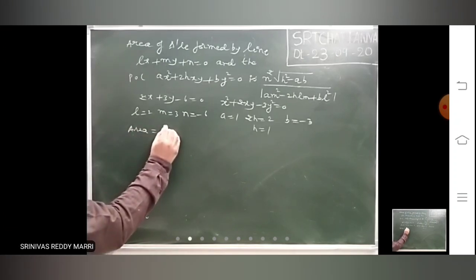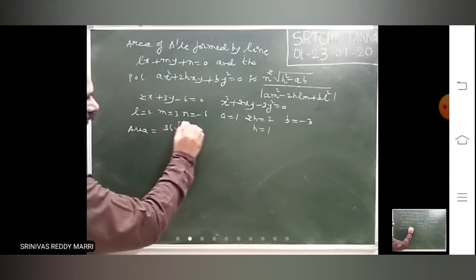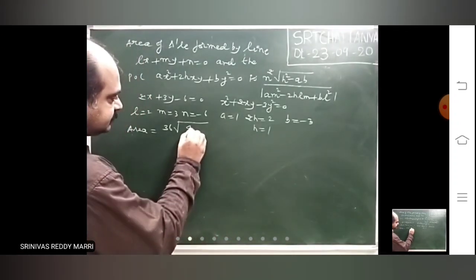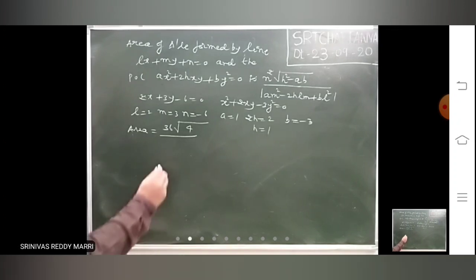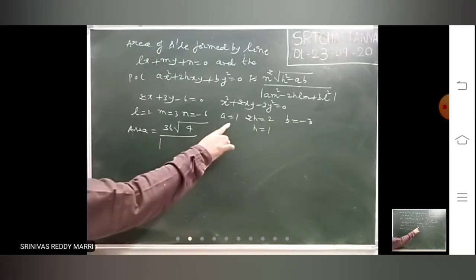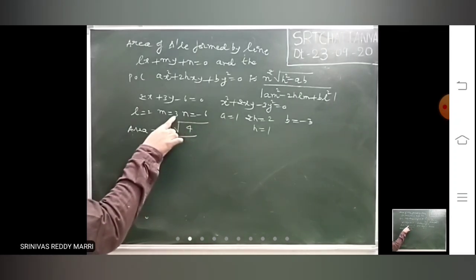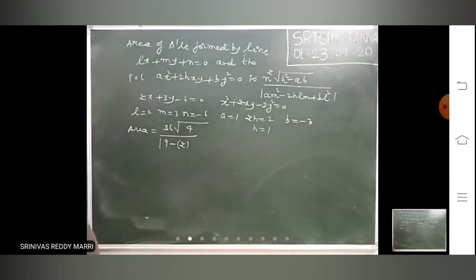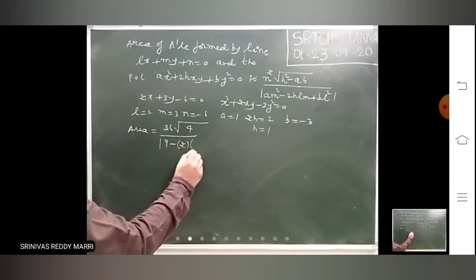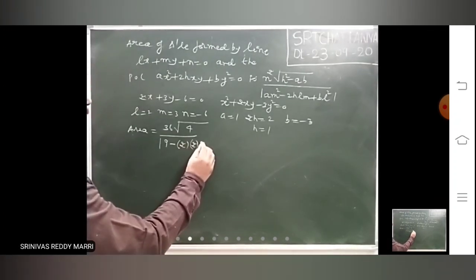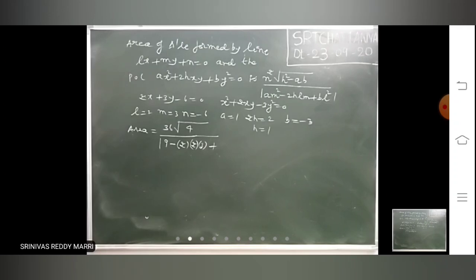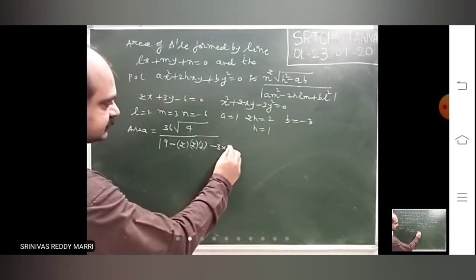Area equals n square, which is 36, into root of h square minus ab, which is 4, divided by modulus of a into m square, 9, minus 2h L m, where 2h is 2, L is 2, m is 3, plus b into L square, where b is minus 3 and L square is 4.